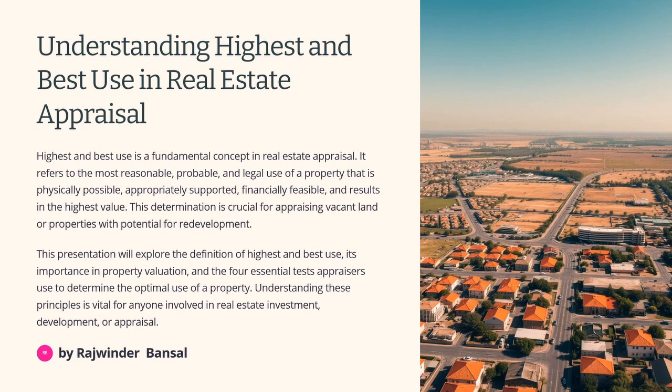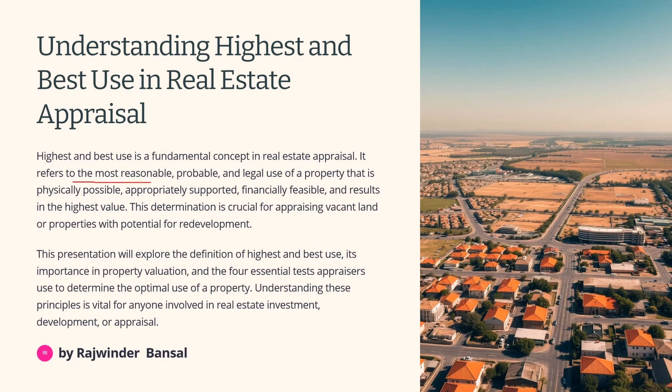Highest and best use is a fundamental concept in real estate appraisal. It refers to the most reasonable, probable, and legal use of a property that is physically possible, appropriately supported, financially feasible, and results in the highest value. So, see here, what is highest and best use?